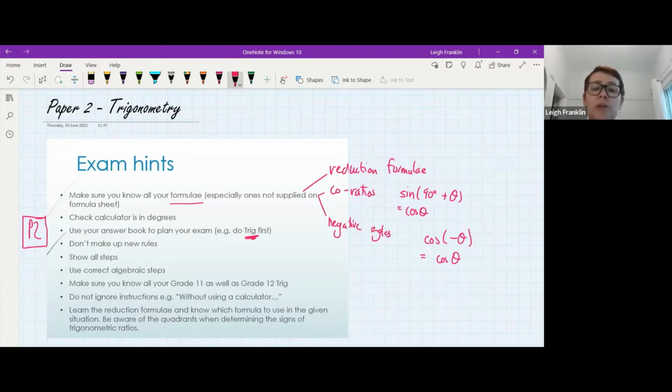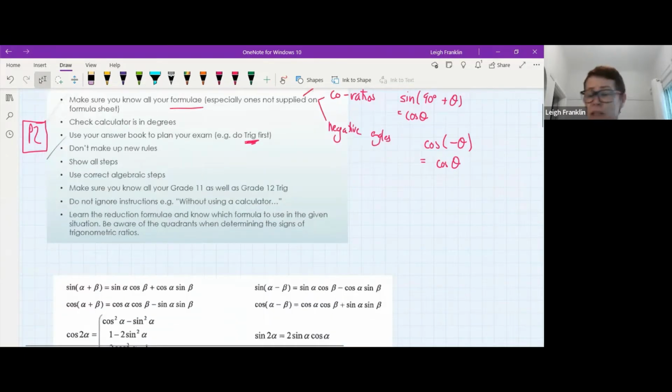So that means you need to have an understanding and an expectation of the kinds of questions that are going to come up. If I just quiz you guys very quickly before we get started, what sort of questions would you expect to see in the trig section? Questions on what? What are you expecting to see?